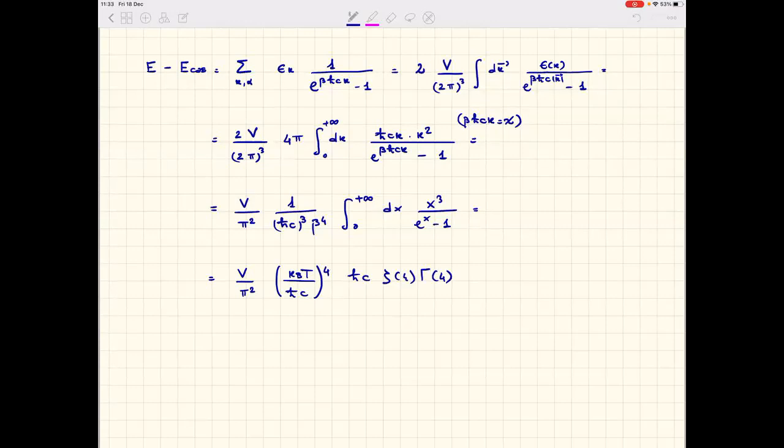If you go to the tables and look at the values of gamma(4) and zeta(4), believe me that at the end of the day you will get pi squared over 15 times V times h bar c times k_B T over h bar c to the power 4.